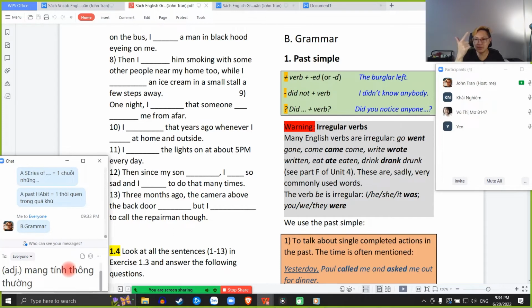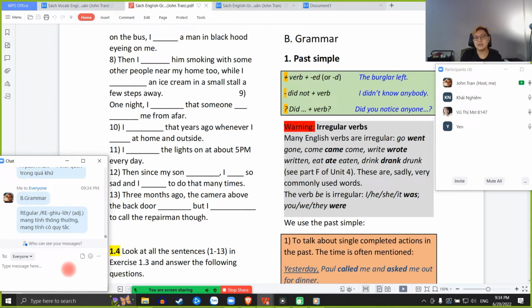Eat, ate, eaten. Drink, drank, drunk. See part F of Unit 4. These are sadly very commonly used words.